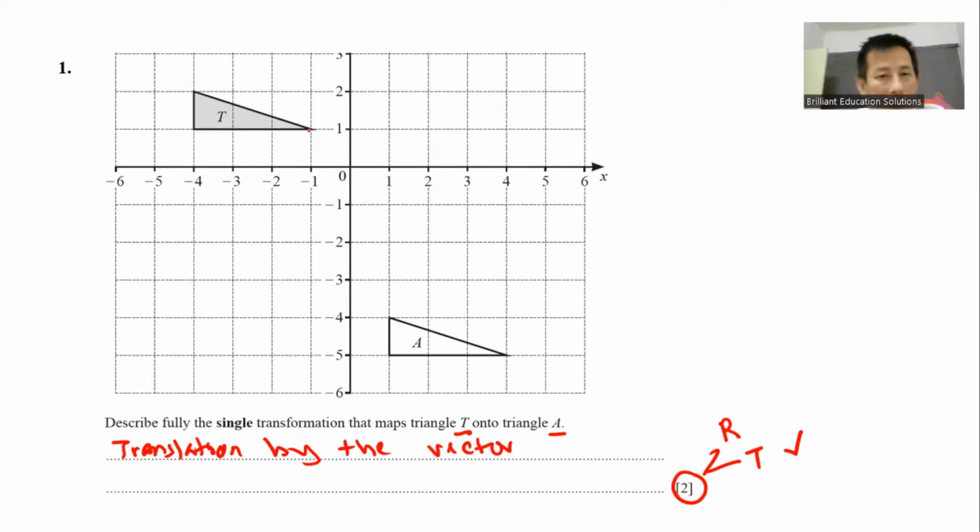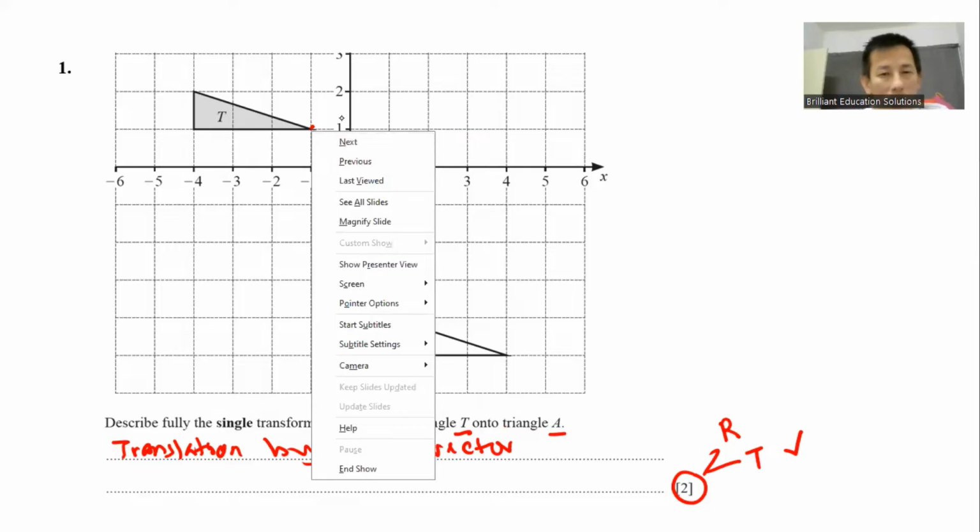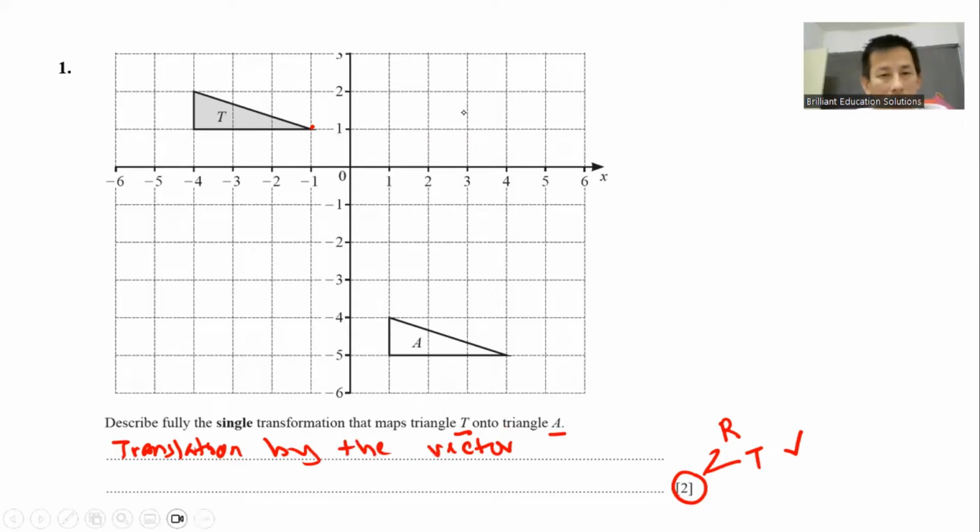Let's say to this point: 1, 2, 3, 4, 5, so it's plus 5. Then 1, 2, 3, 4, 5, 6. So it will be 5 and 6.